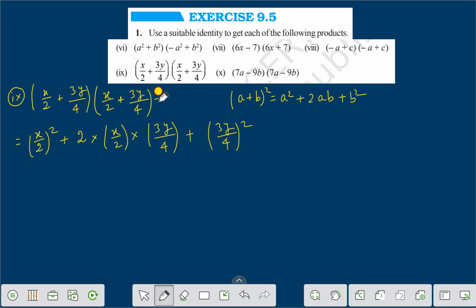If you multiply these two, then you are getting x by 2 plus 3y by 4 whole square.